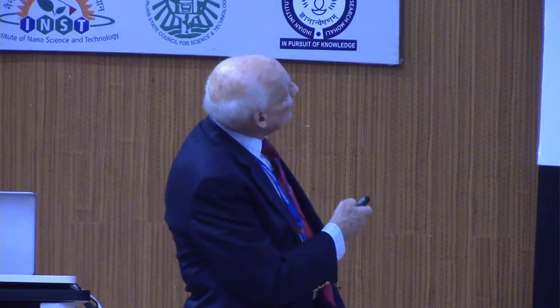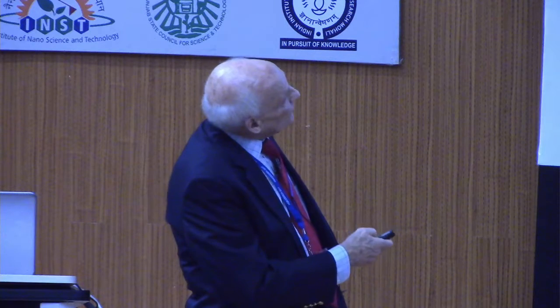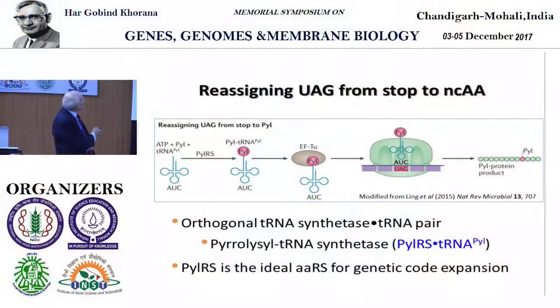So reassigning UAG from stop to a non-canonical amino acid is these days done mainly by pyrrolysyl tRNA synthetase. So pyrrolysyl tRNA synthetase puts pyrrolysine on the tRNA, tRNA Pyl, that recognizes UAG, and then you can make a Pyl-containing product.